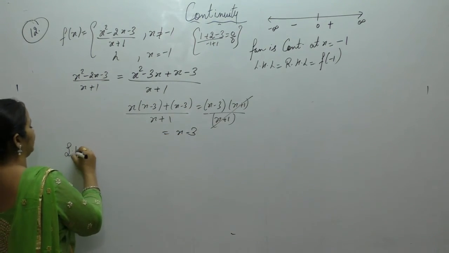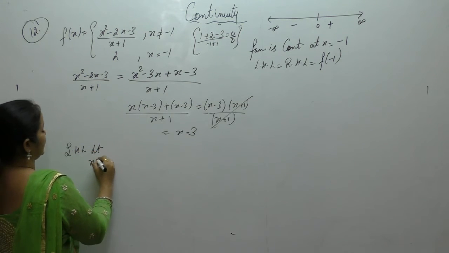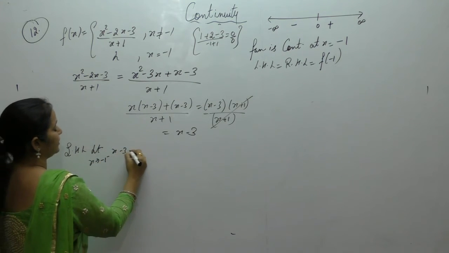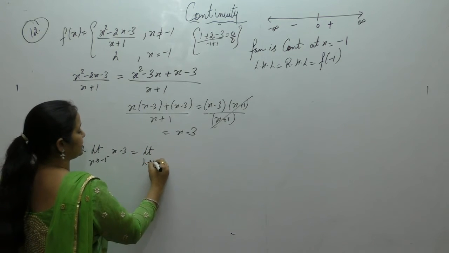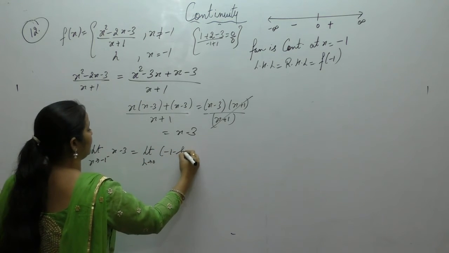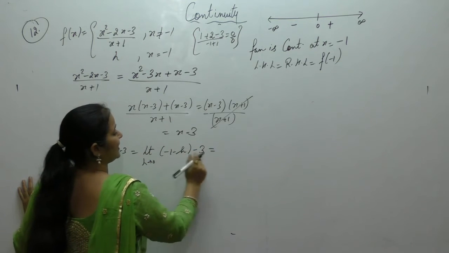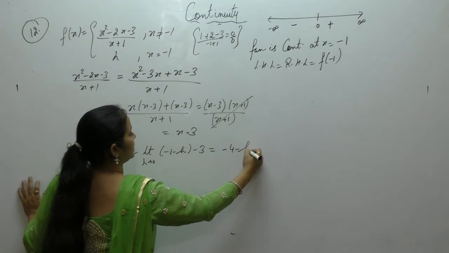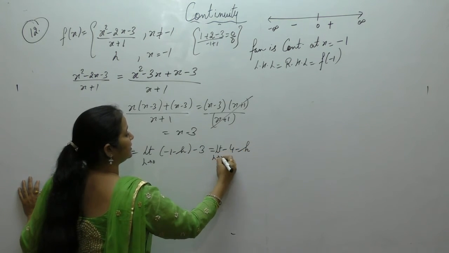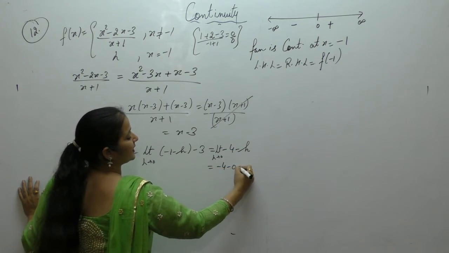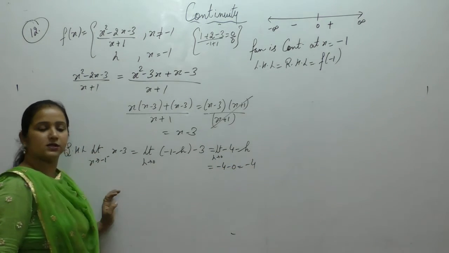Now if we put the left hand limit, x tends to minus 1 negative, limit h tends to 0, minus 1 minus h minus 3, minus 1 minus 3 is minus 4 minus h, as h tends to 0 we get the answer as minus 4.